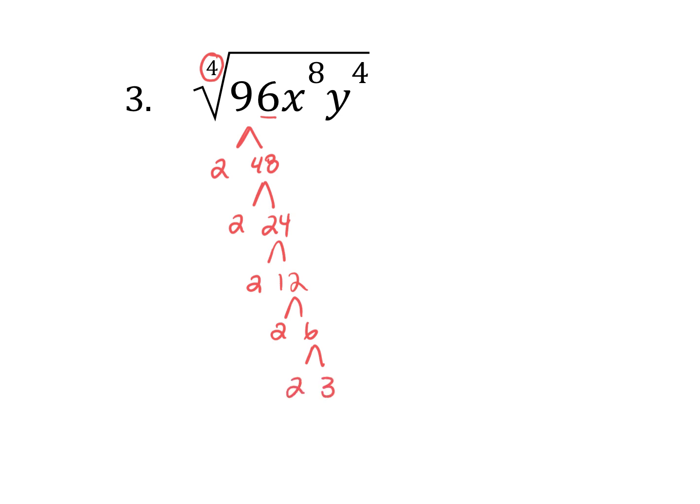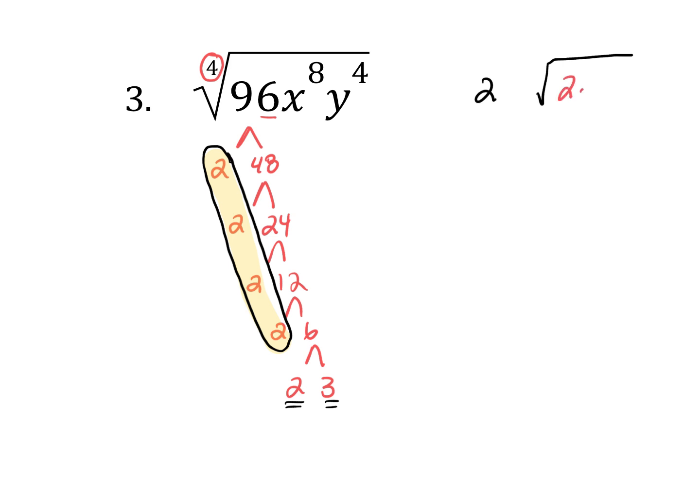Now I'm going to look for 1, 2, 3, 4 right here. Okay, so let's circle those. I have one group that can come outside. I'm going to leave myself a little bit of room on the outside, and then I'm left with 2 and 3 on the inside.